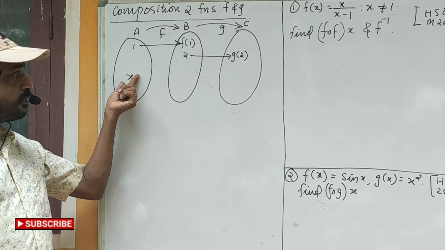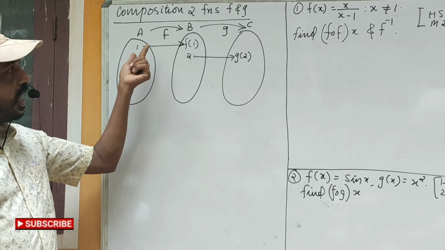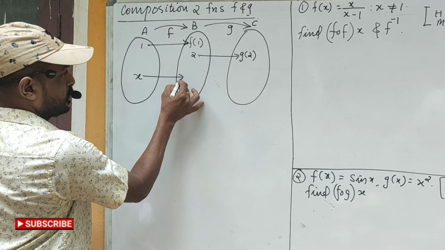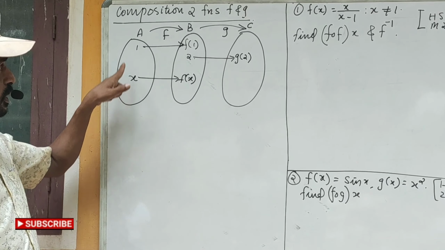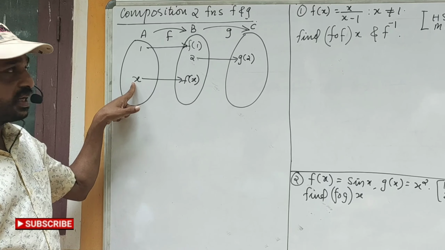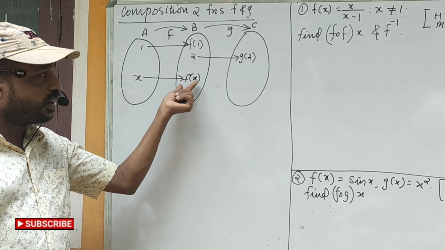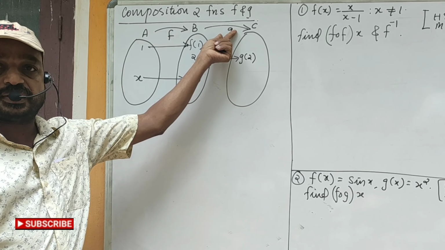If x is an element of the set A, what is the image of the element x under the function f? It will be f of x. Again, what will be the image of f of x under the function g?